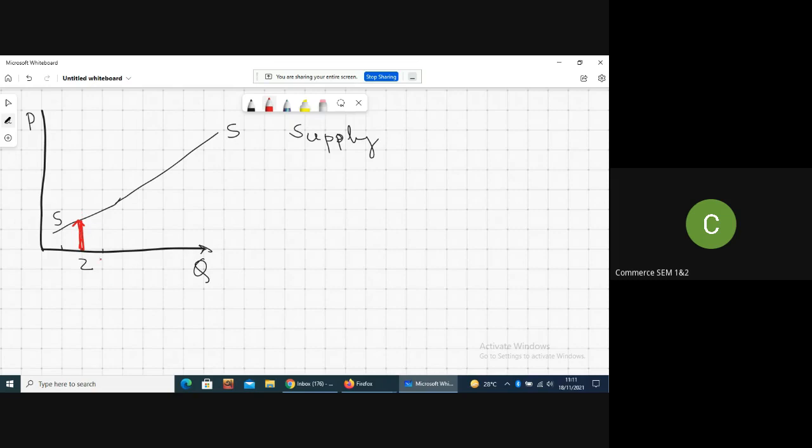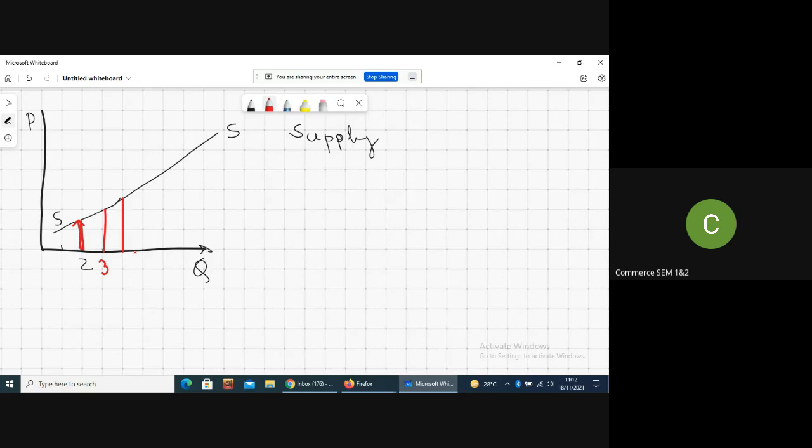Similarly, for the third unit of output, the seller should receive this much price. For the fourth unit, sellers should receive this much price. Without receiving this much price, they will not sell their commodity.